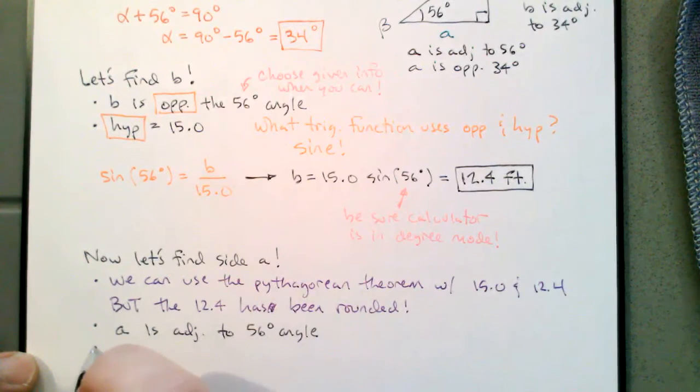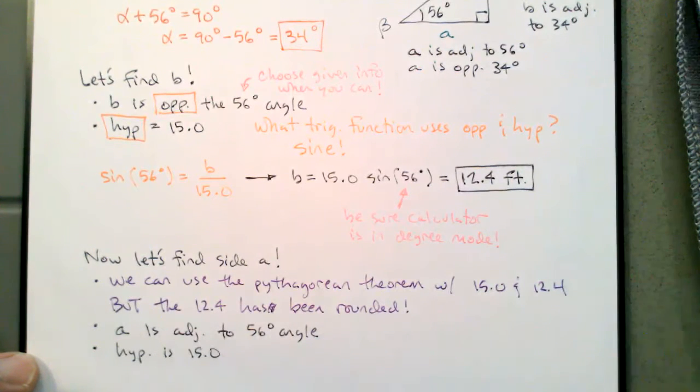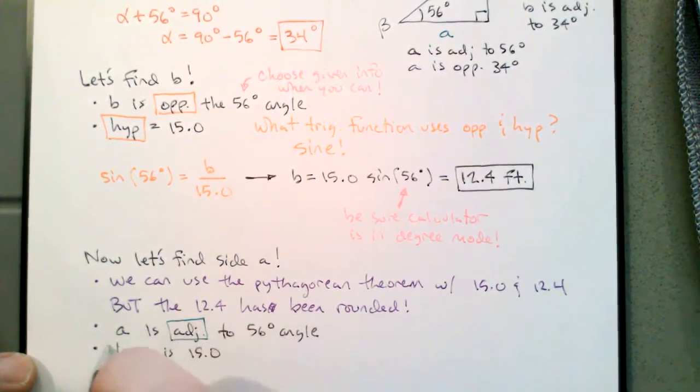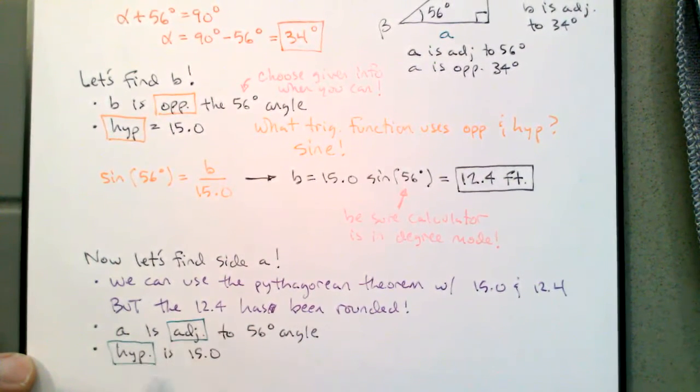And I also know that the other given piece of information besides the right angle is that the hypotenuse is 15.0. So now to find A, I'm going to look for a trig function that involves adjacent and hypotenuse.